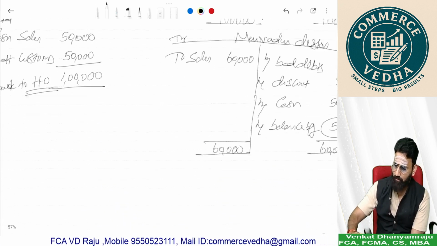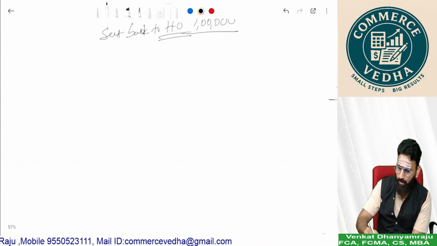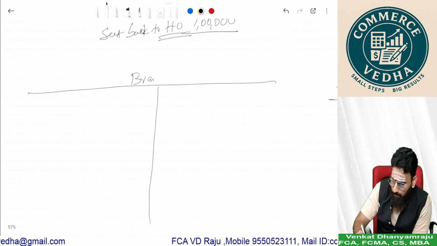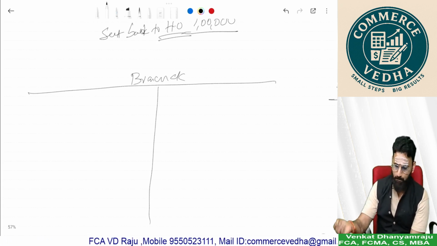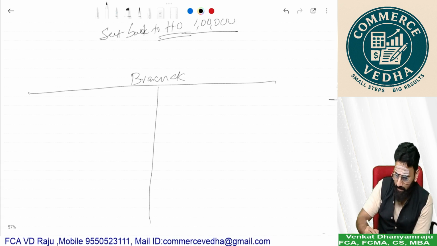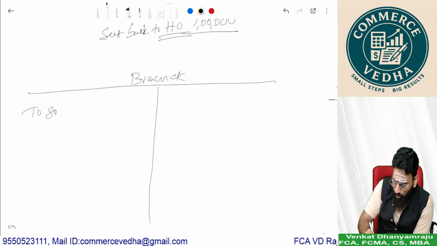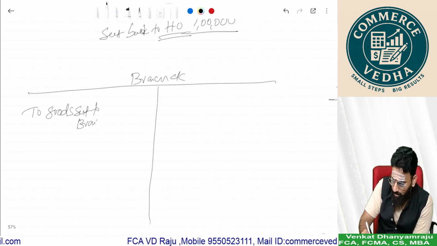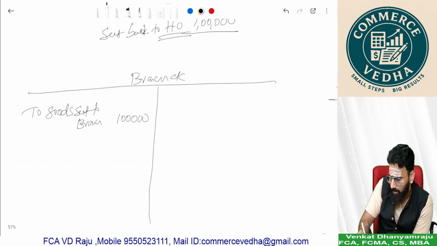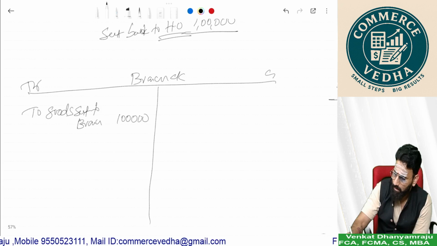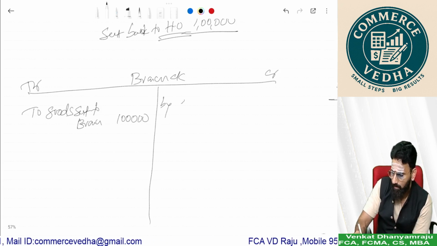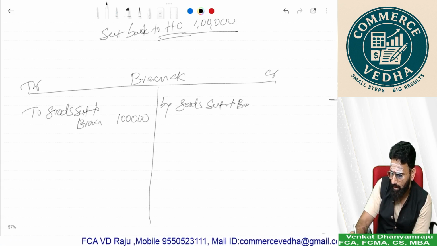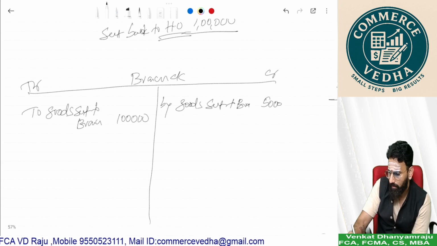So with this information, what I should prepare is my branch account. Right? First, no opening balances. 2, goods sent to branch 1 lakh. By goods sent to branch returns 5,000.